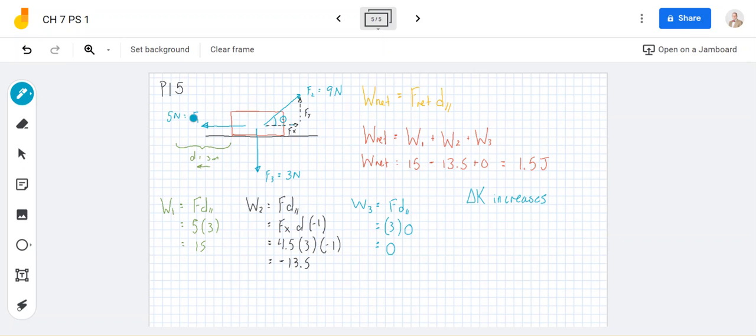You don't actually know that. It could already have been moving and be slowing down. We don't really know. We know the kinetic energy increases because the work is positive. And since the work value is positive, our kinetic energy is increasing.